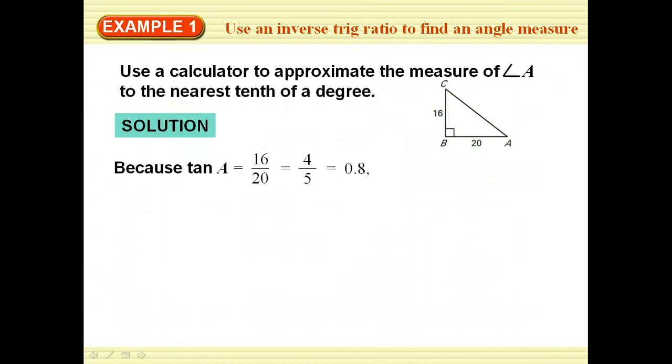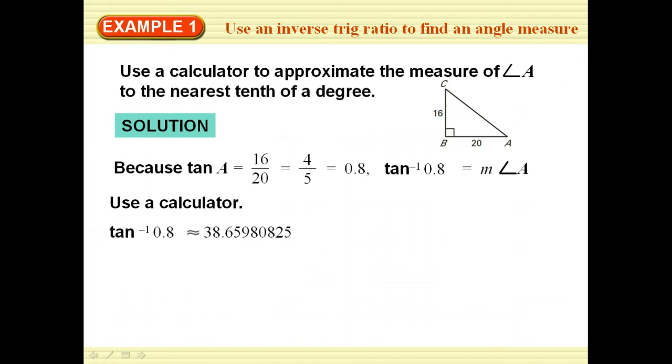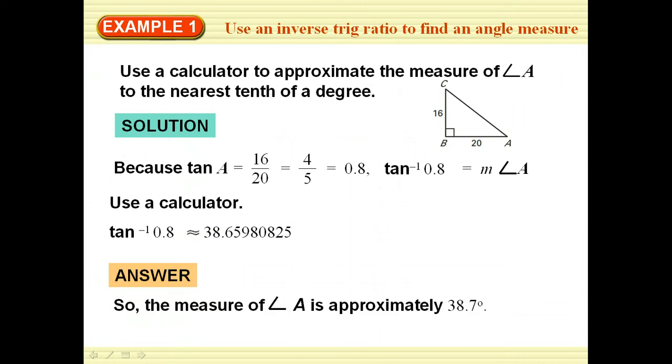But what I need to do is find the tangent inverse of 0.8, and that will tell me the measure of angle A. If I use my calculator to find the tangent inverse of 0.8, it comes out, according to my calculator, to be approximately 38.6598. Now this said round to the nearest tenth, so the measure of angle A is about 38.7 degrees.